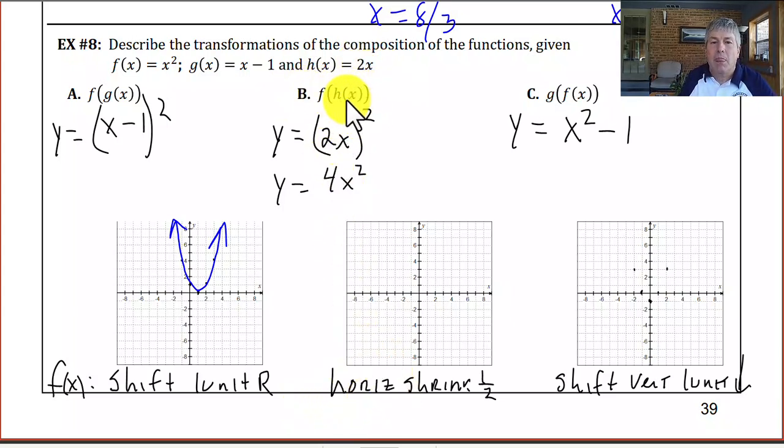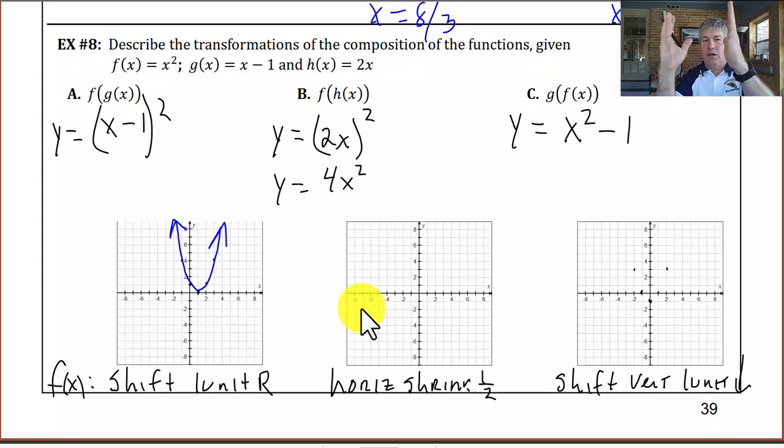In B, we want to find f of h of x, so we're going to take h of x, or 2x, and we're going to input it into f, or x squared, so we end up with the quantity 2x squared, which when simplified gets us 4x squared, which is a horizontal shrink.